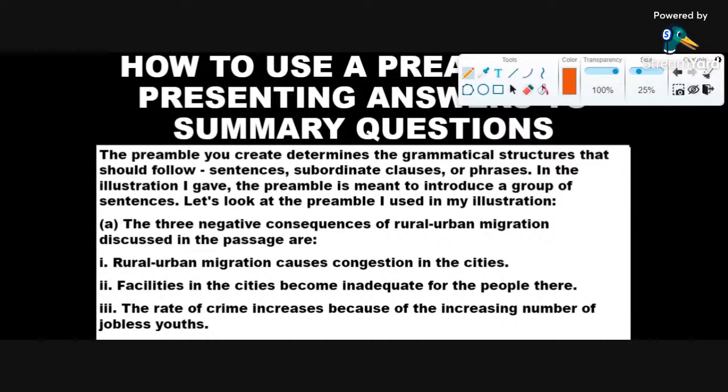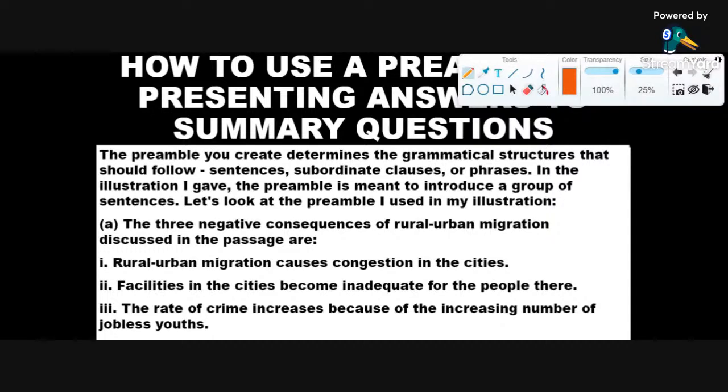So I really wonder what is wrong with using a preamble to present the very exact requirements, because you are asked to present your answer in 3 sentences. And your preamble is simply telling the examiner or whoever is marking your script, here are the sentences you asked for.